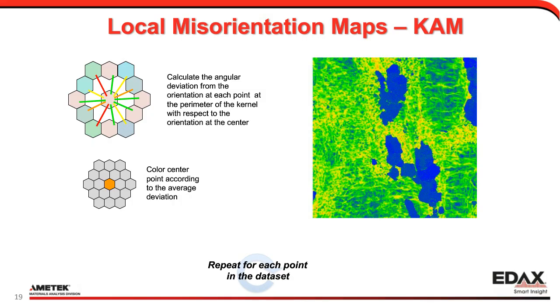You calculate all these orientation deviations, then calculate the average, and color the point according to that average. In the map at the right, the blue points have a very low kernel average misorientation, and as you move towards red, those points have a high kernel average misorientation. So the points in red are areas that have a lot of change, a local misorientation, which is an indicator of plastic strain in the material.